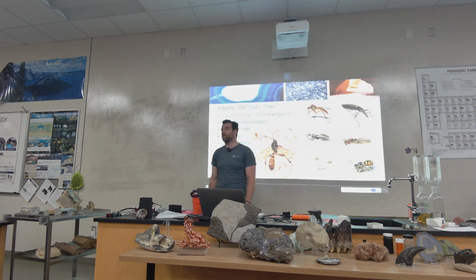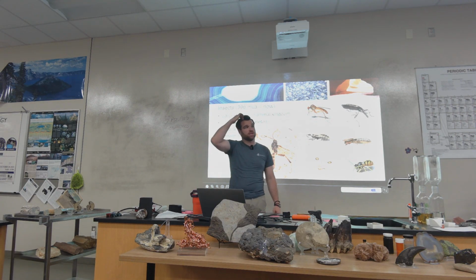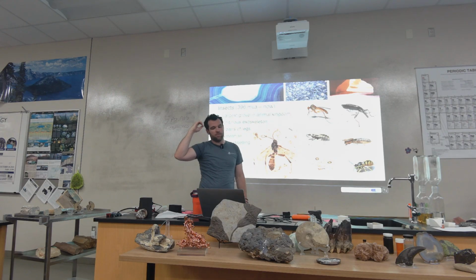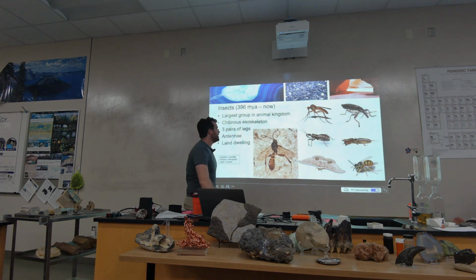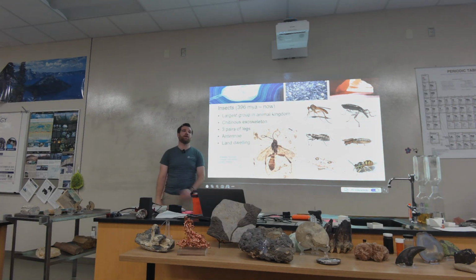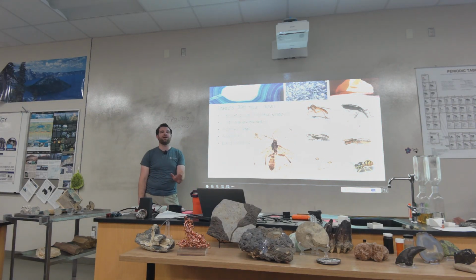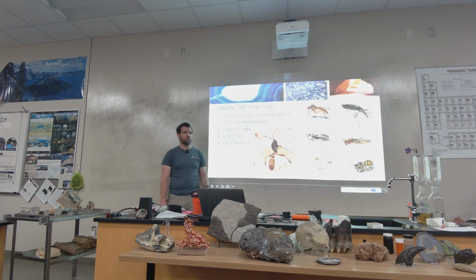Insects. Insects have been around for almost 400 million years. They fit in the same category, arthropods, okay? But they're a different group. So they aren't in Crustacea, for example, okay? This is the largest group in the animal kingdom, by the way. There are more insects than anything else in the animal kingdom combined on our planet. Lots and lots of insects.